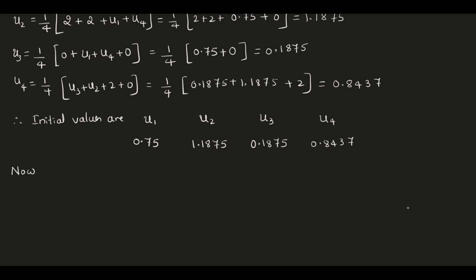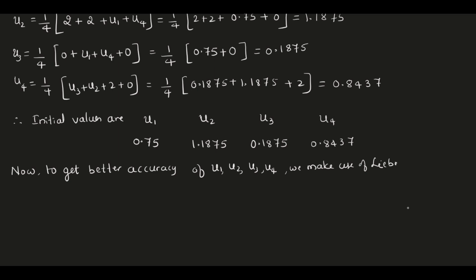now to get better accuracy of u1, u2, u3, u4, we make use of Liebmann's iteration process.